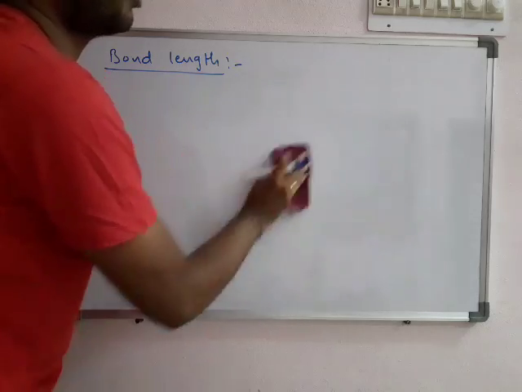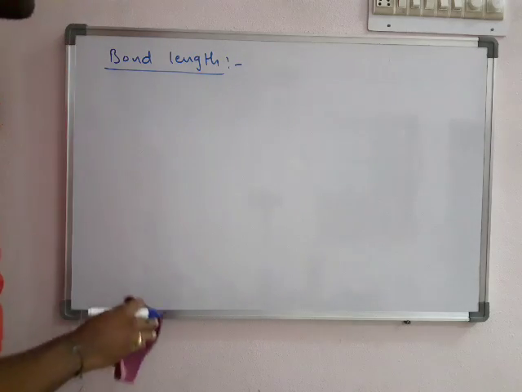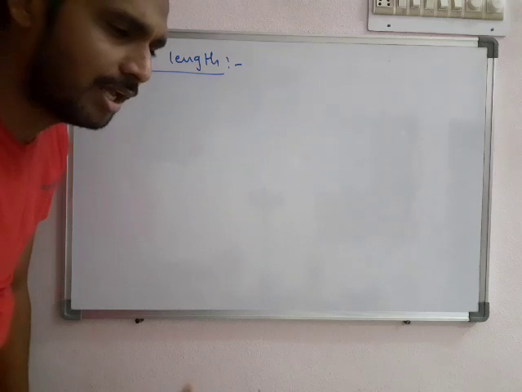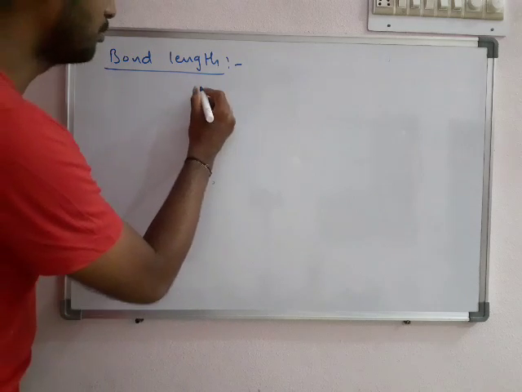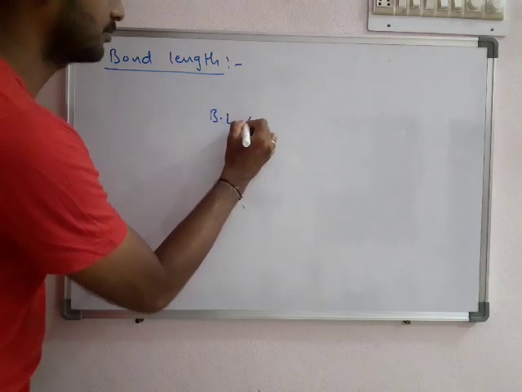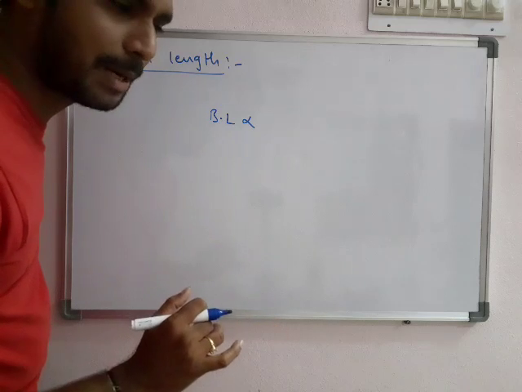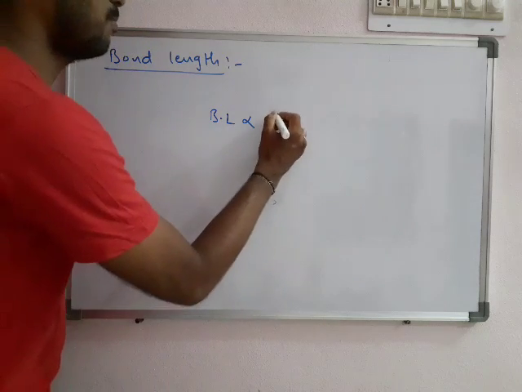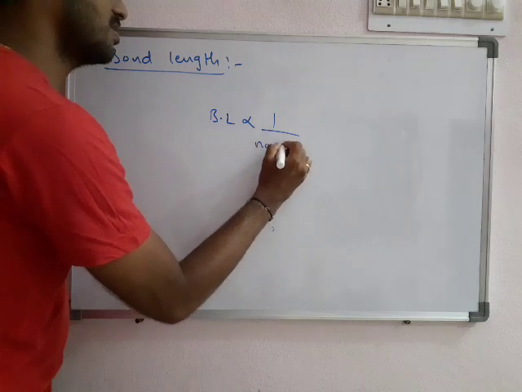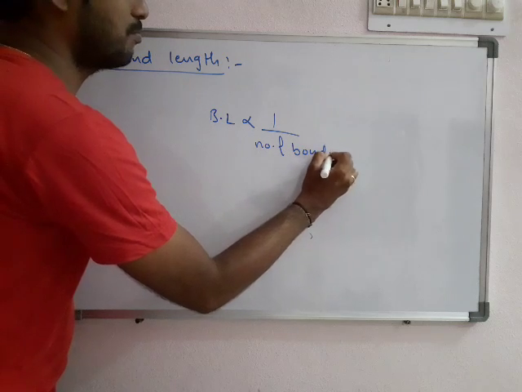Now we see some more points regarding bond length. Bond length is inversely proportional to the number of bonds.